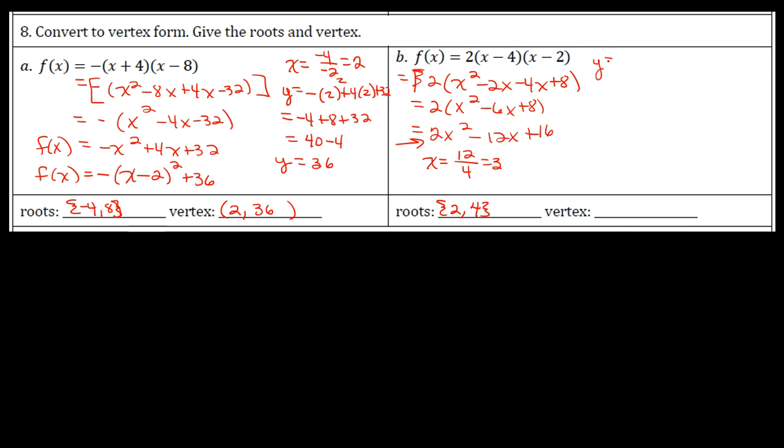So let's find the y value. Let's plug it in. Okay, 3 squared is 9 times 2 is 18 minus 36 plus 16. Okay, we're going to add the positives, so that's going to give me 34 minus 36.